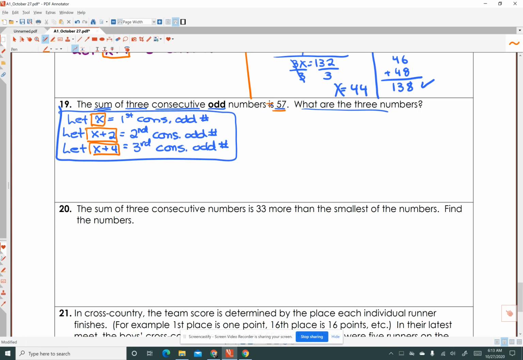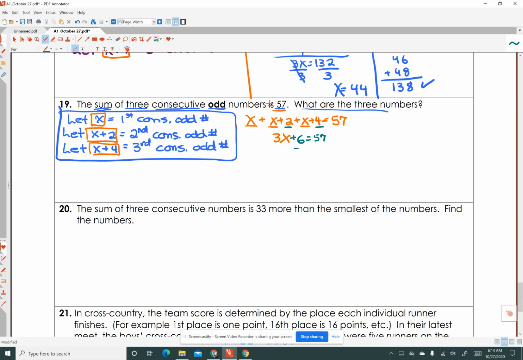All of that equals 57. So we have X plus X plus 2 plus X plus 4 equals 57. Let's combine like terms. 3 X's, and we can combine the 2 and the 4. 3X plus 6 equals 57.